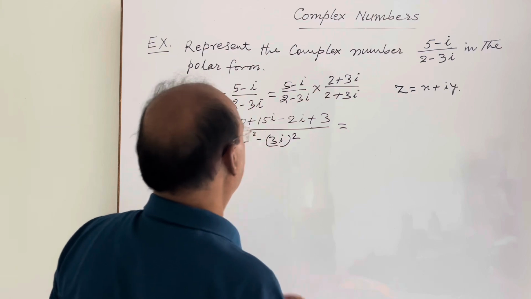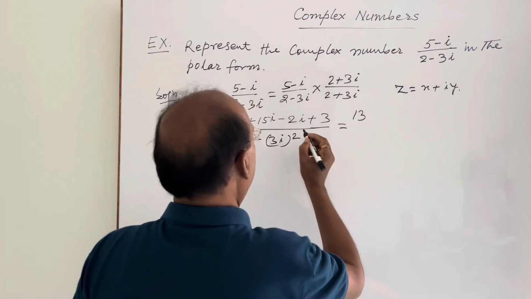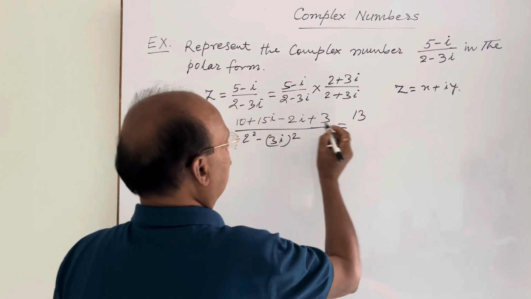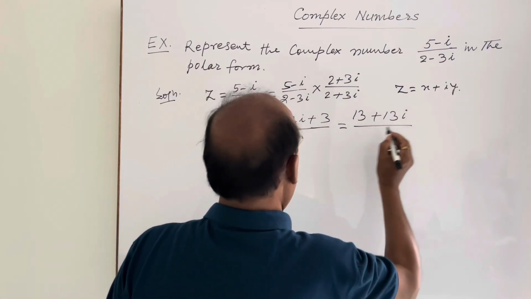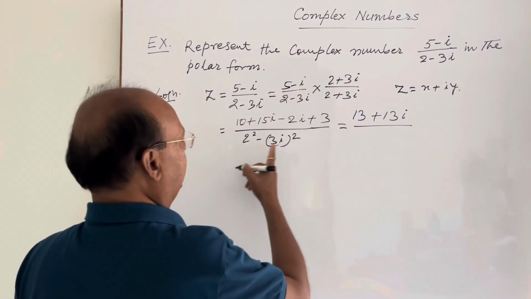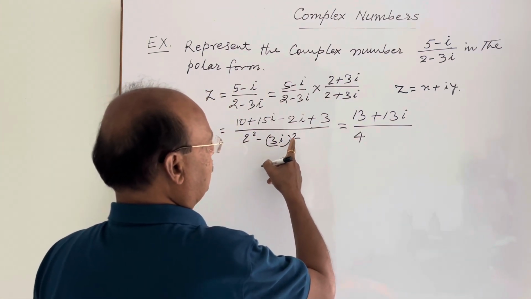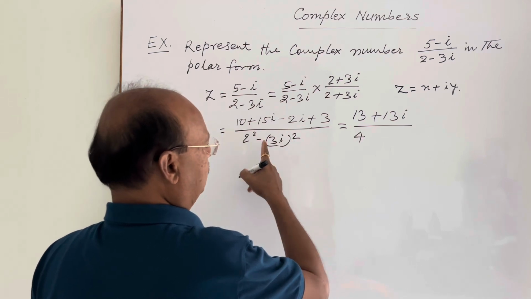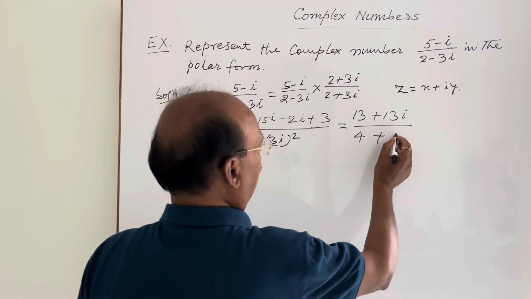And this is equal to 10 + 3 is 13. 15i minus 2i is 13i. And denominator is 2 square is 4, i square is minus 1, so this minus becomes plus, and 3 square is 9.